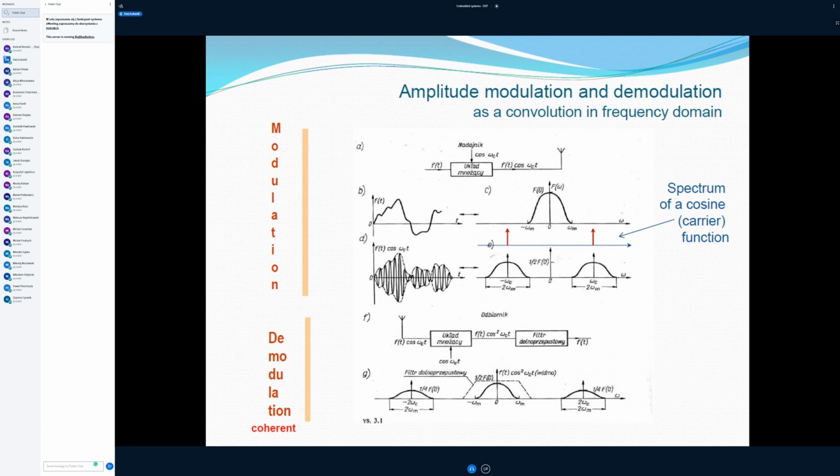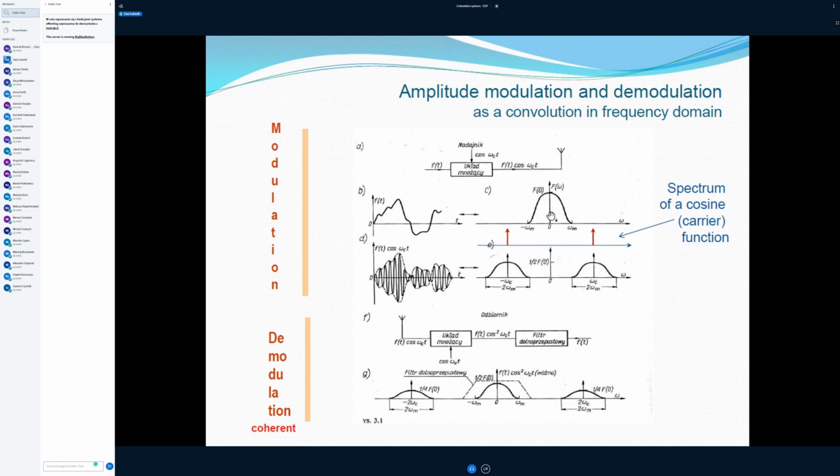Amplitude modulation is multiplication of a signal by the carrier, and in the frequency domain we have to convolve those two spectra, one of my signal and the other of my carrier.